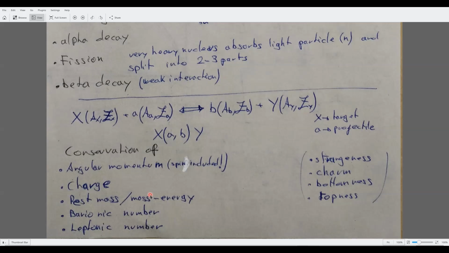That means a positive charge has to be emitted, but the baryonic number is conserved, so it cannot be a baryonic particle, it should be a leptonic one. A lepton with positive charge is the positron, the antiparticle of the electron.